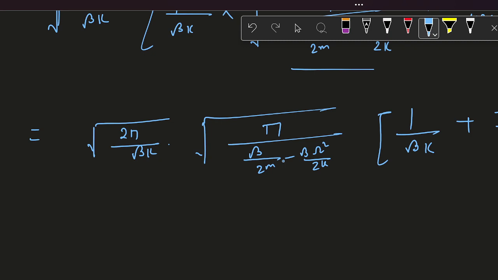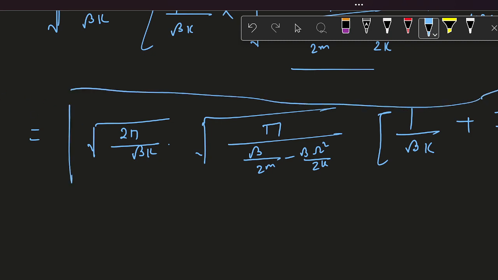So this is the whole thing coming from your final part, which is your dpx integral. So all the parts are done now.